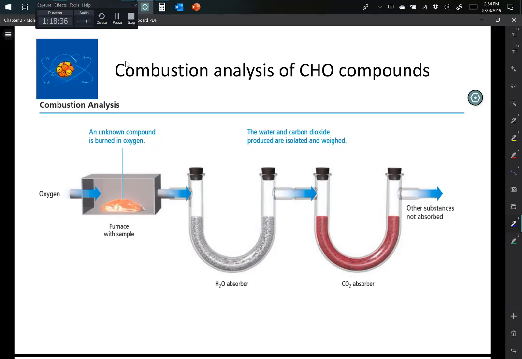Combustion, you take oxygen, right? And you take the compound and you burn it and you get carbon dioxide and water. This is the process. The reaction we're depending on says, I have this compound CHNO, I'm burning it in oxygen, and I'm going to get CO2 and H2O out of it.